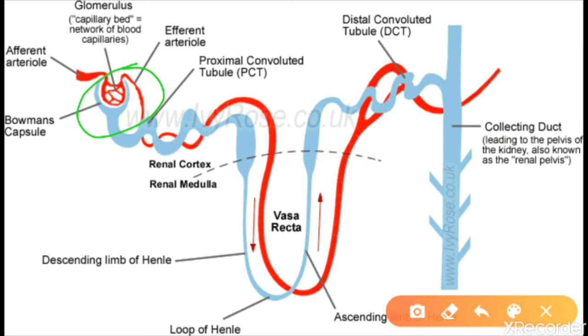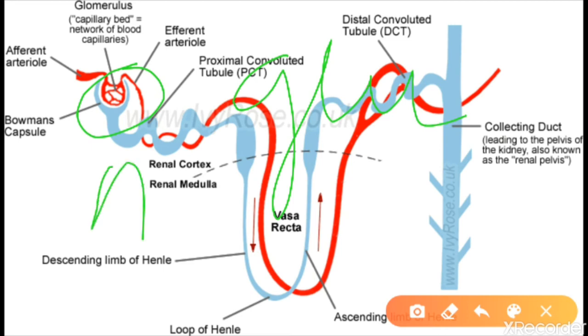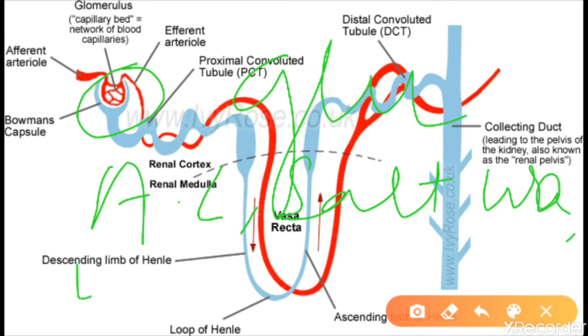Now what are the things that enter over here? From the blood, water enters, salts, amino acids, glucose, and urea. Mainly glucose, amino acid, salt, urea and water enter the PCT and DCT.